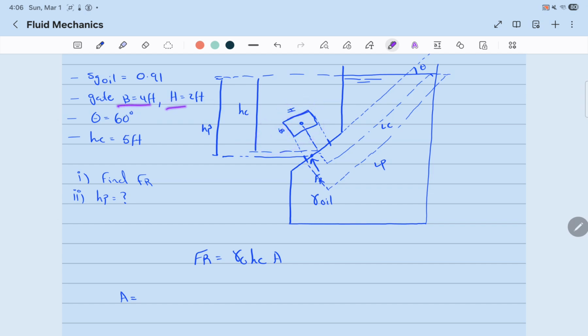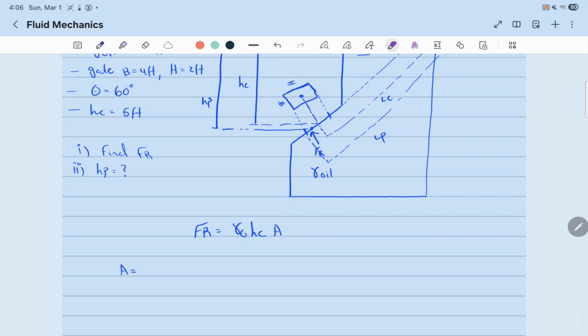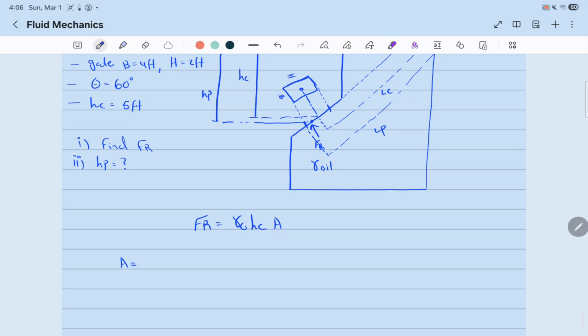Okay, which the dimensions are given. Therefore, it'll be 4 feet times 2 feet. Make sure you keep account of the units. 8 feet squared.